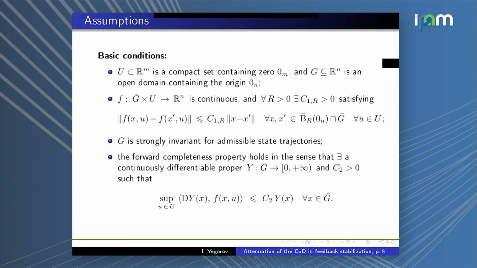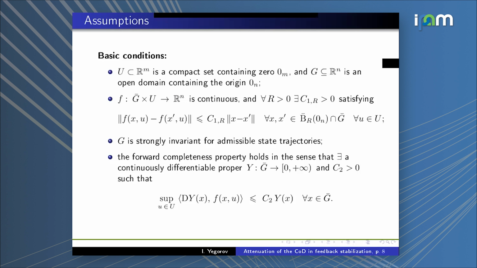Also, I have to say that many works require that the Lipschitz condition be imposed in the whole R^n. But in principle, for certain systems, we may have a so-called strongly invariant domain, which means that if we start in this domain, we will never leave it.